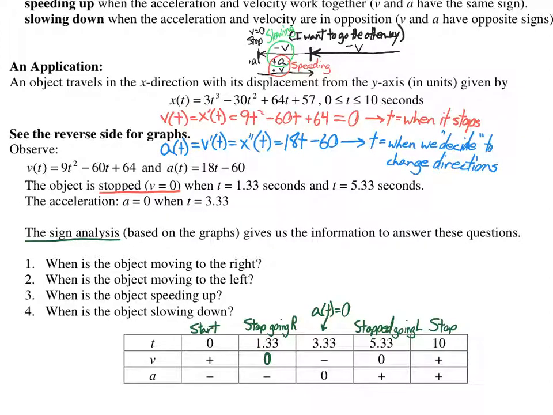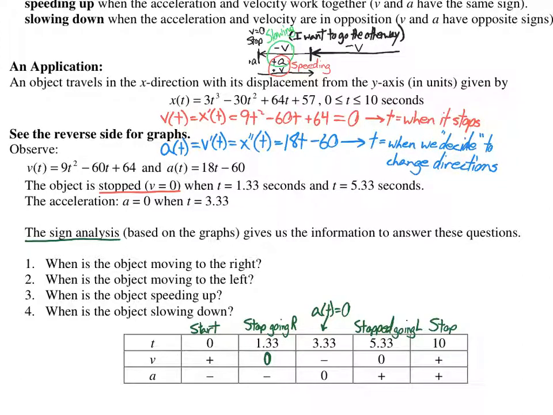So you're going to use the zeros of your first and second derivatives and the ends of your domain to form your sign analysis. Now it's just a matter of filling in the table. Obviously, the ones that are zeros we already know because that's how we got those numbers.